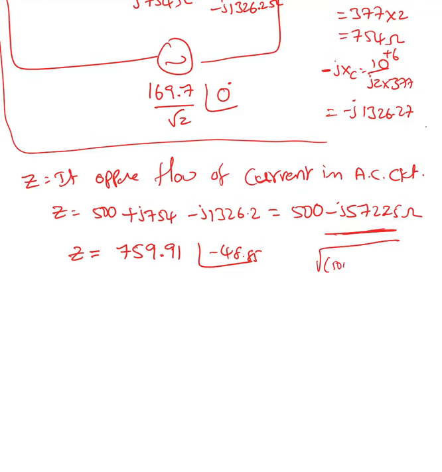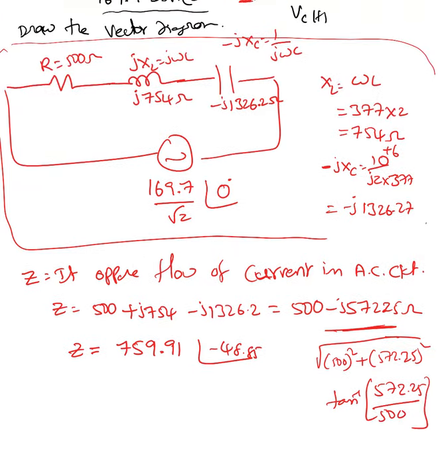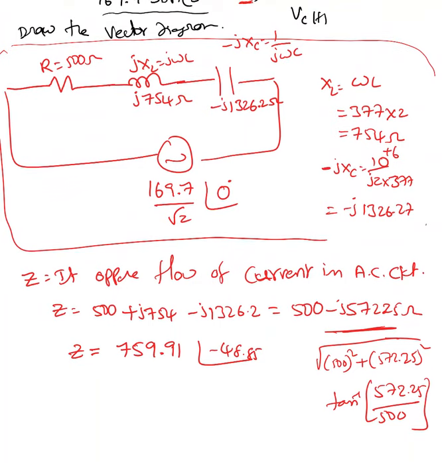To get the magnitude, it's the square root of 500 squared plus 572.25 squared. And theta is tan inverse of the imaginary part over the real part.